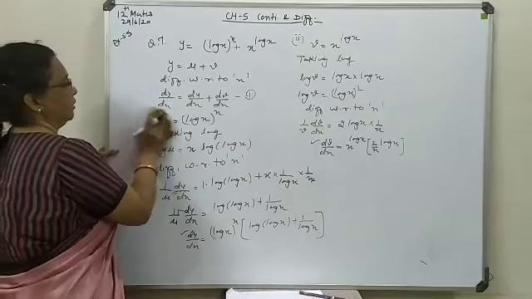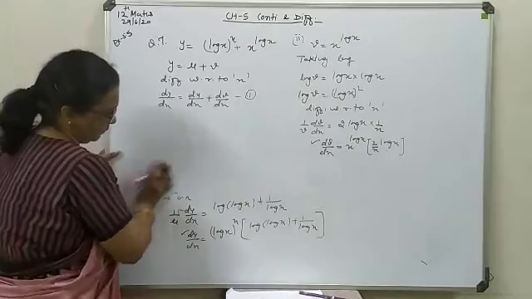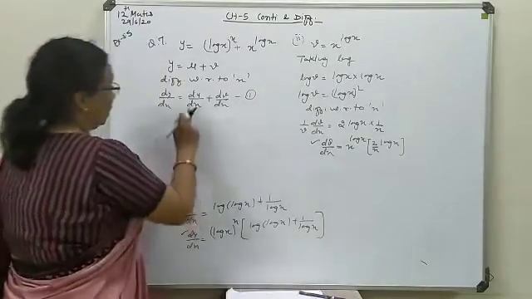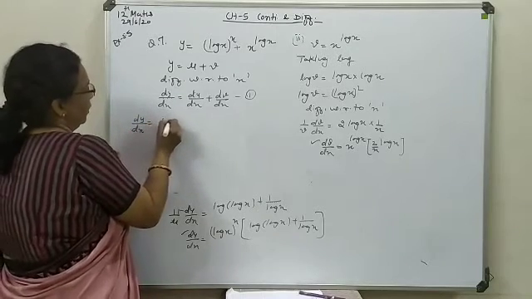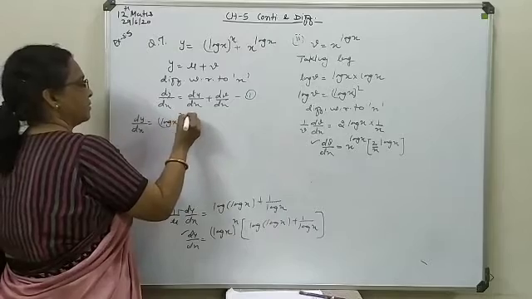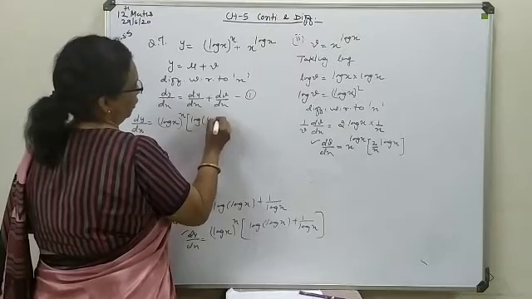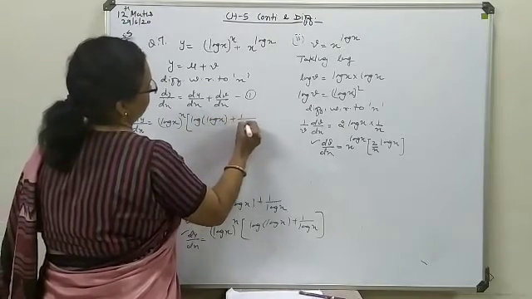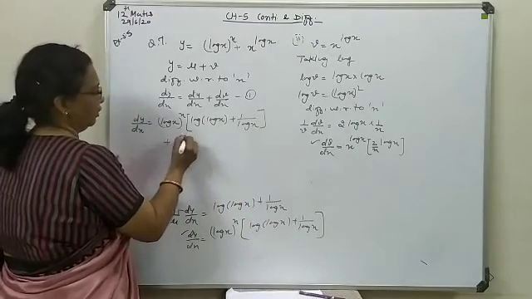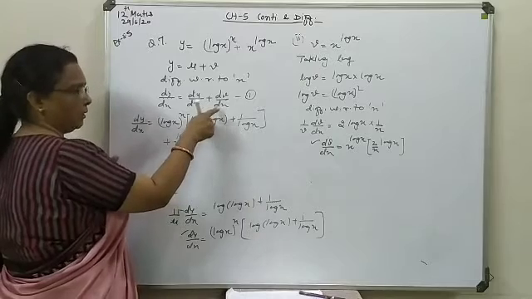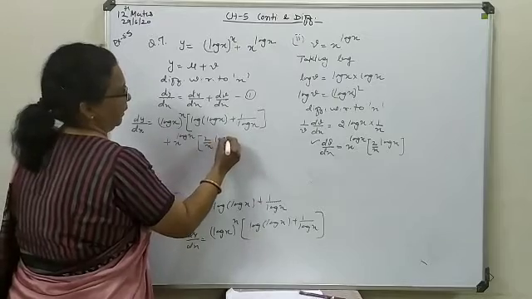So now again you come to the equation number first, what we have derived in the beginning. So for the final answer, du by dx it was log of x with power x times log of x plus 1 upon log of x, plus x power log of x, substituting dv by dx, 2 upon x log of x.